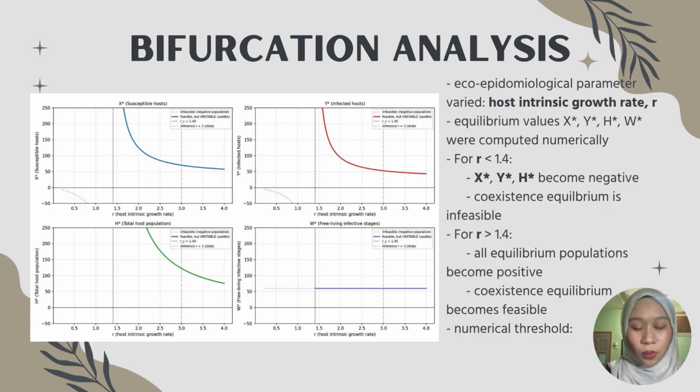We observe that when R is smaller than 1.4, the equilibrium values of X star, Y star, and H star are negative, making the coexistence equilibrium biologically infeasible. Once R exceeds 1.4, these equilibrium values become positive, indicating that coexistence becomes biologically feasible. Therefore, from the numerical bifurcation analysis, the threshold value is approximately RC equal to 1.4.